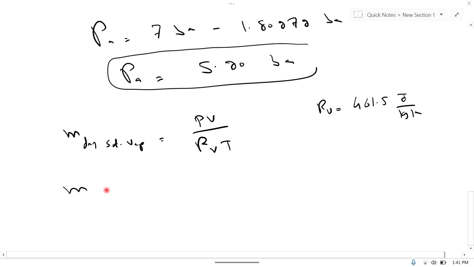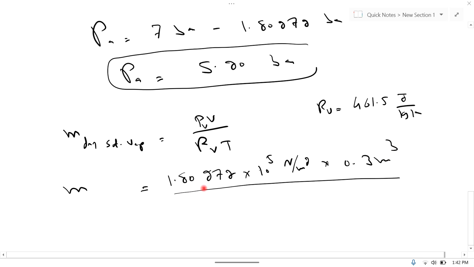Putting in the values: the pressure of dry saturated vapor is already determined by us, 1.80272 bar, and one bar is equal to 10 power 5 Newton per square meter. Volume is 0.3 cubic meter, divided by R for vapor, 461.5 joule, where joule is Newton meter, per kilogram per Kelvin.